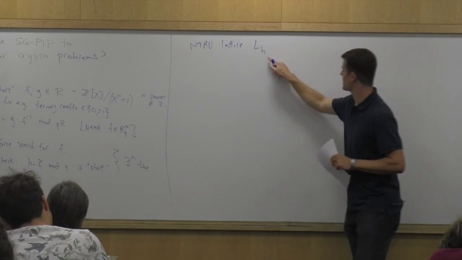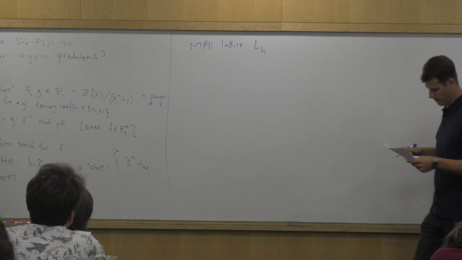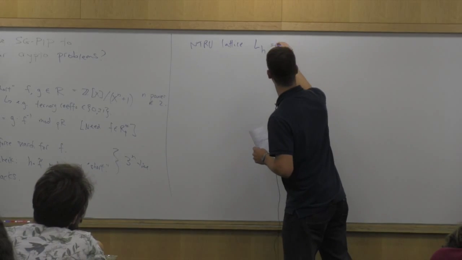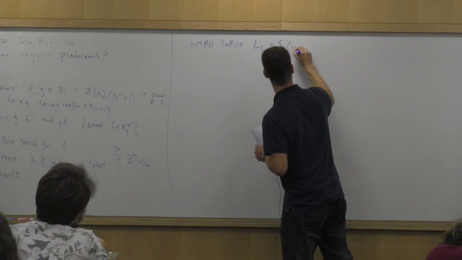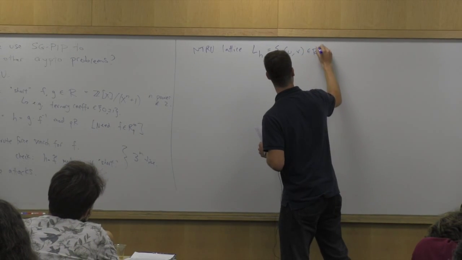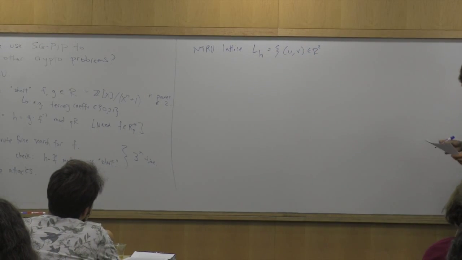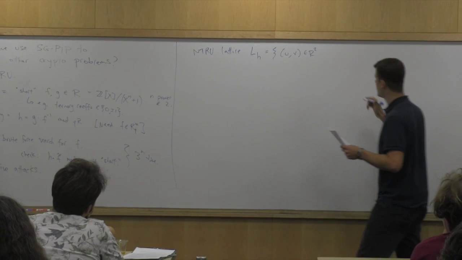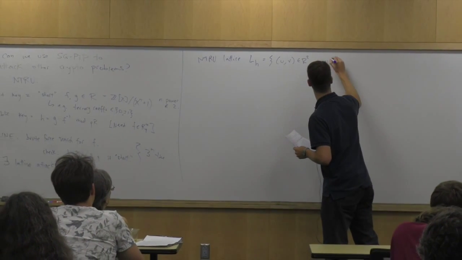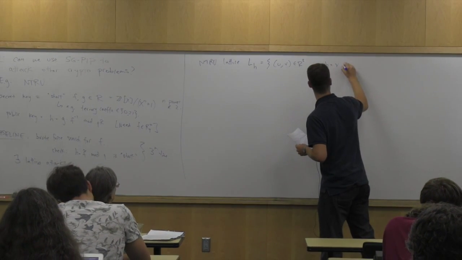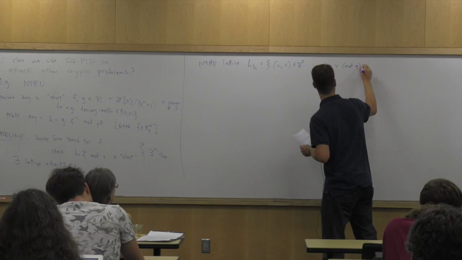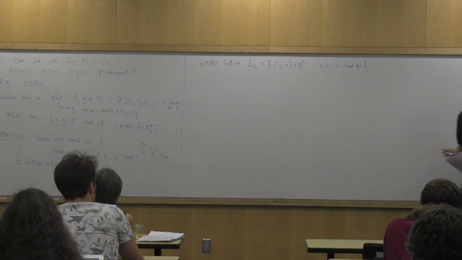This is a lattice associated with the public key, and this is just the set of all pairs u, v in the ring, both in R, such that u times h equals v modulo q.